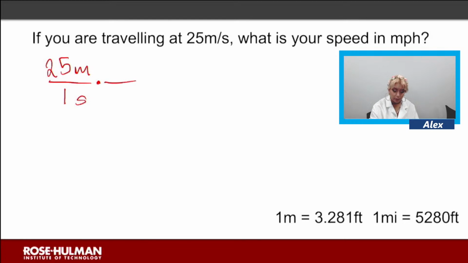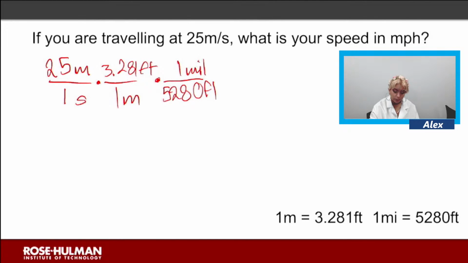So we're going to get rid of our meters, and we're going to change that to feet. For every 1 meter, just 3.281 feet. But we don't want our final measure of length to be in feet, we want it to be in miles. So 1 mile is equal to 5,280 feet.